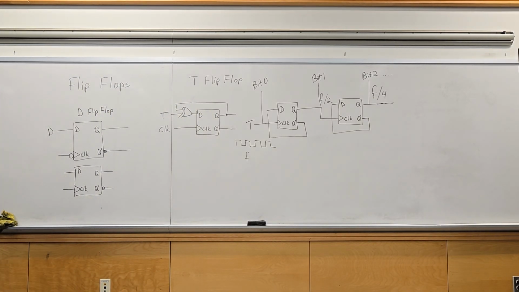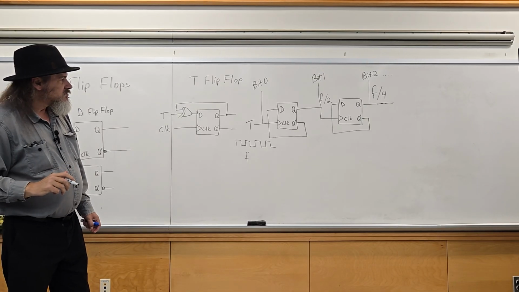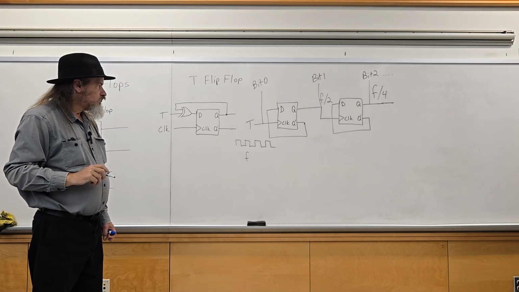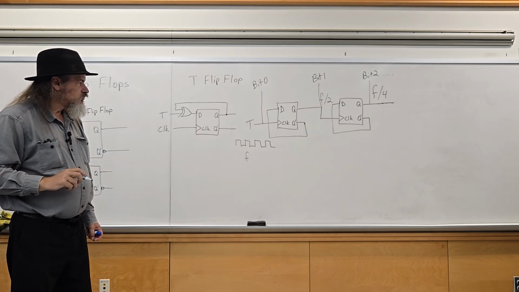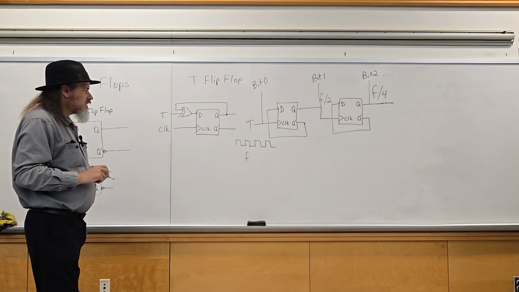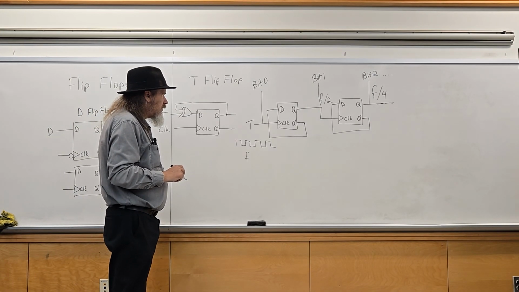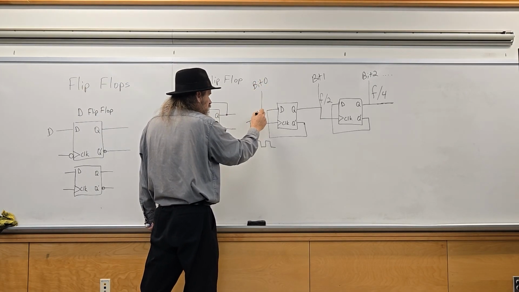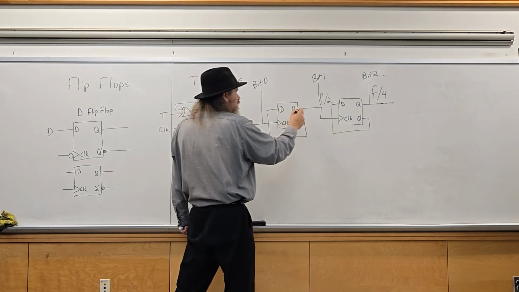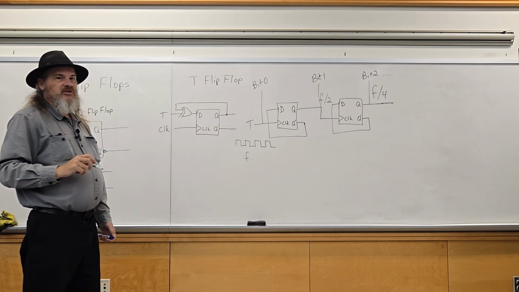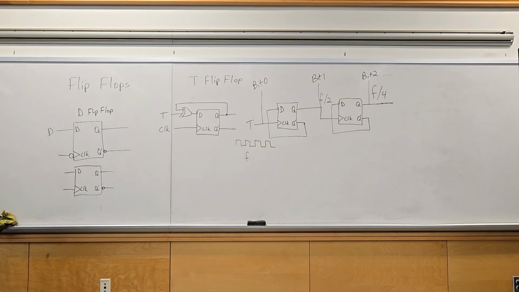This would oscillate between 1 and 0, and every other clock cycle, this would oscillate from 1 to 0. So you have a binary counter.